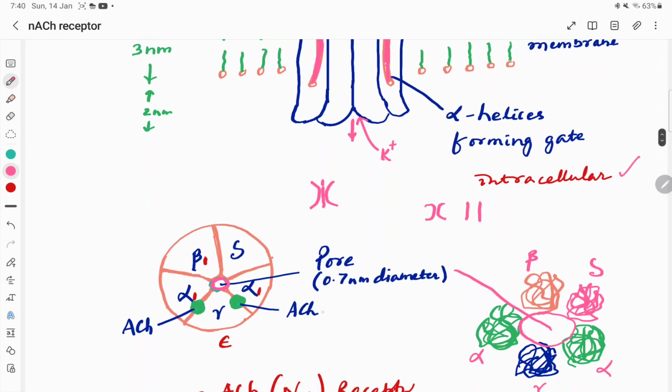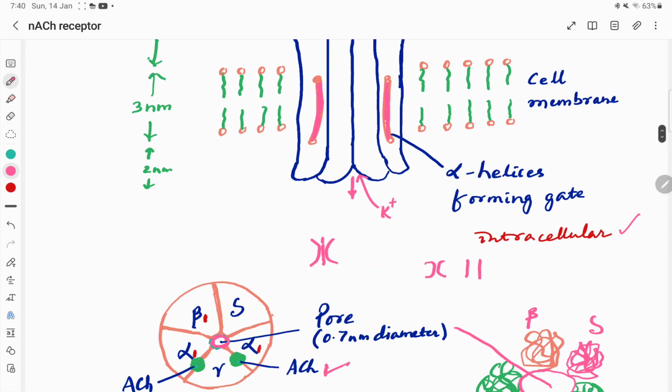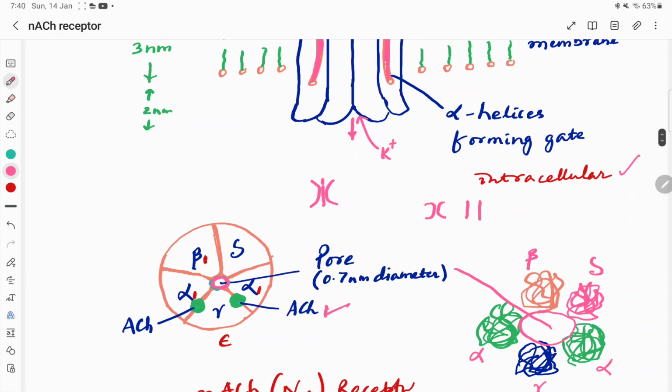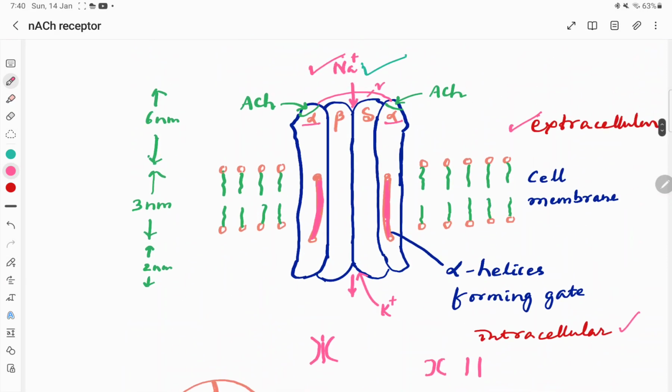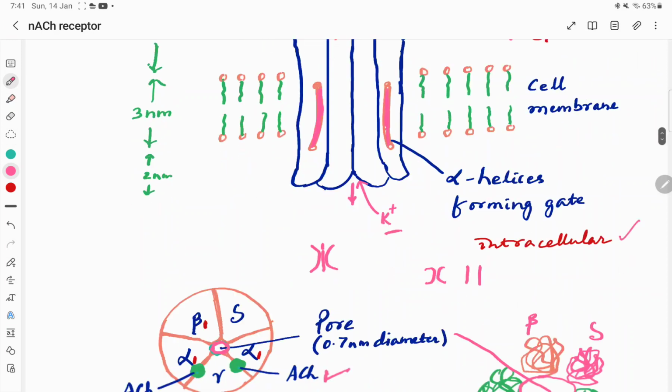So when 2 acetylcholine molecules bind to these binding sites, which are located between alpha and its neighboring subunit, the alpha helix is straightened, the pore opens, and there can be movement of sodium to inside and potassium to outside, but the net movement will be by sodium, and the net action will be depolarization, because the influx of sodium is greater than the outflux of potassium.